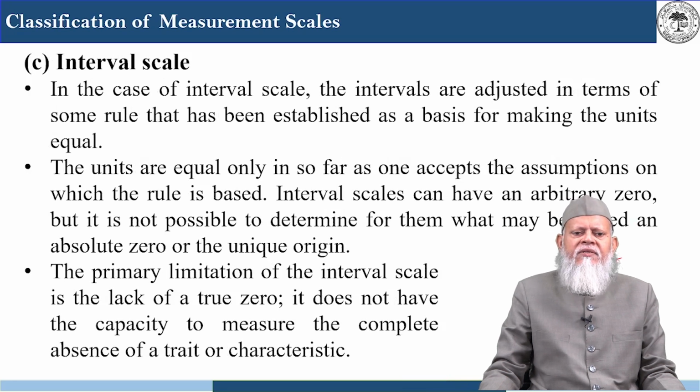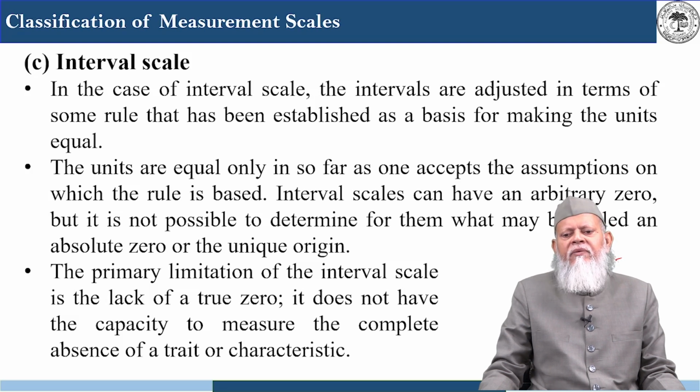What is interval scale? In the case of interval scale, the intervals are adjusted in terms of some rule that has been established as a basis for making the units equal. The units are equal only insofar as one accepts the assumptions on which the rule is based.